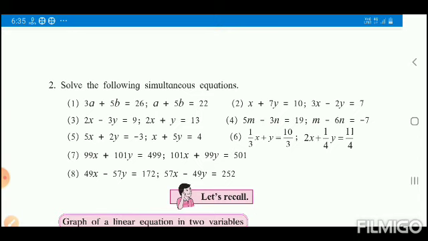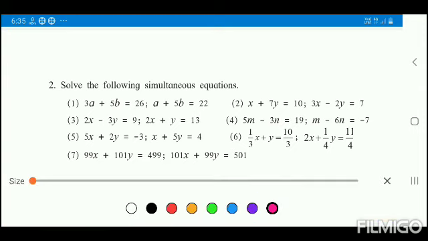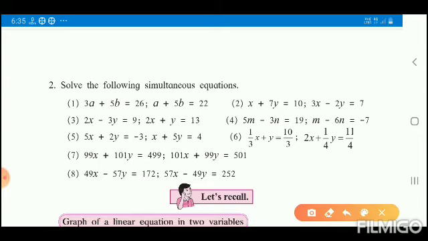Here in question number 6, look, 1 upon 3 x plus y is equal to 10 upon 3. So we'll multiply the first equation by 3. Then x plus 3y is equal to 10.